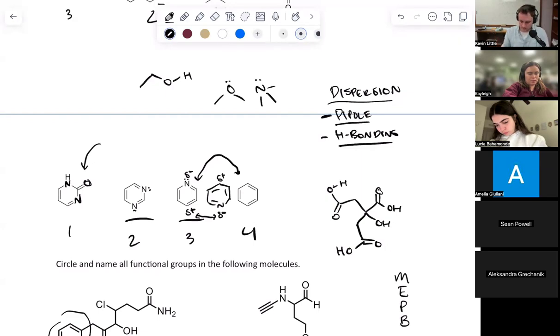Like here, if I compare this to a benzene, or if I compare directly the amount of carbons, that's kind of ugly. Oops.